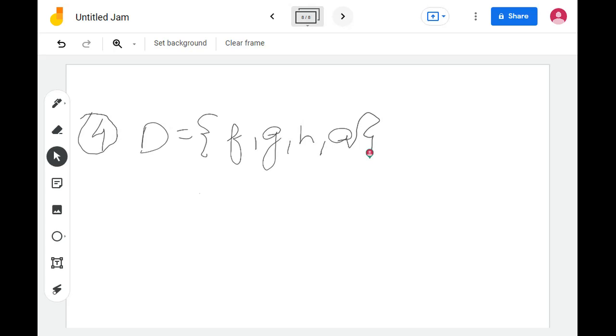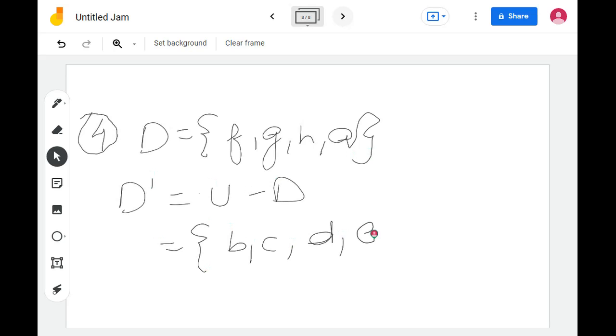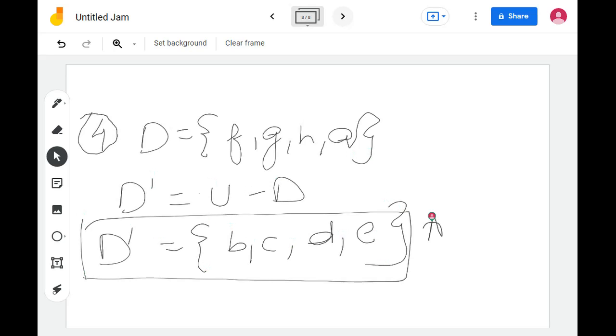D is equal to F G H A. For this fourth part we have to find the D complement, which is universal minus of D. Universal we have A B C D E F G H, and minus of D is F G H A. So we get B C D E. This is the D complement. The D complement is B, C, D, E. Okay, this is the answer.